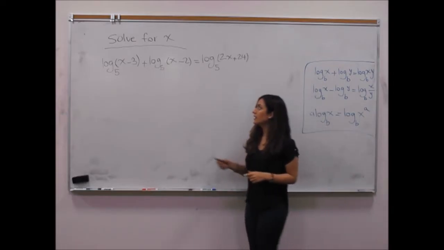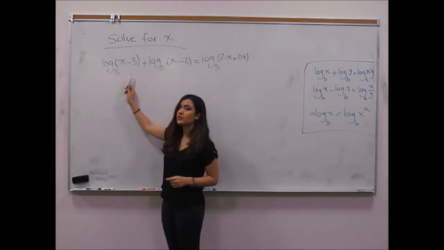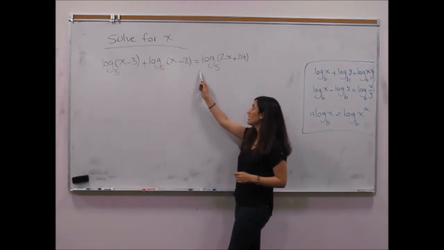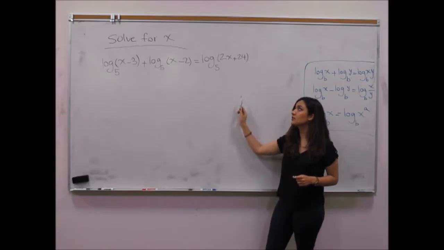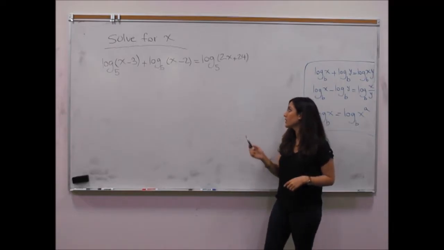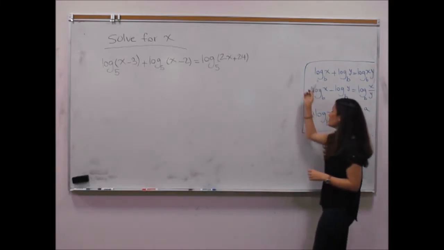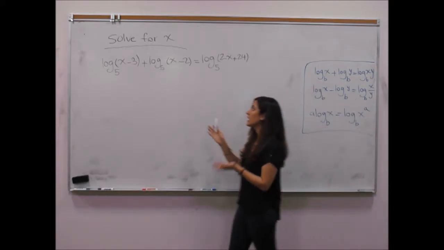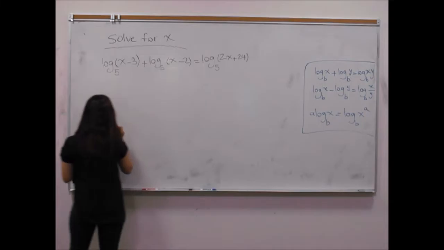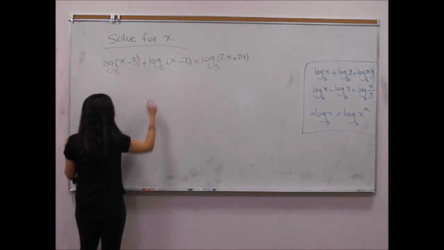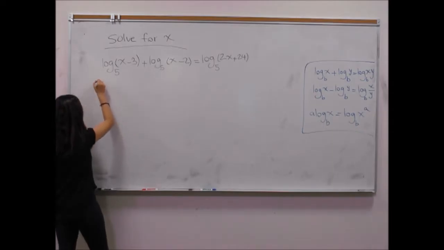Alright, I have log of x minus 3 base 5 plus log of x minus 2 base 5 equal to log of 2x plus 24 base 5. So I have a plus sign here, so I'm going to use the first property to condense the log on the left side of the equation. So I would have log of x minus 3 times x minus 2 with base 5.